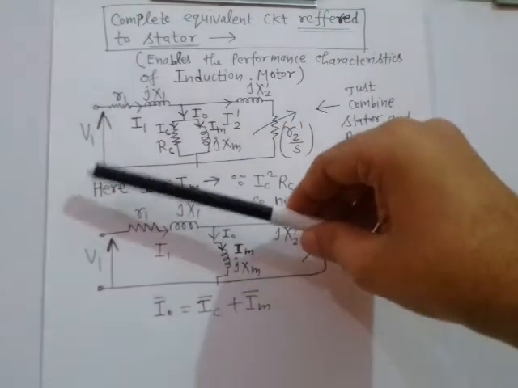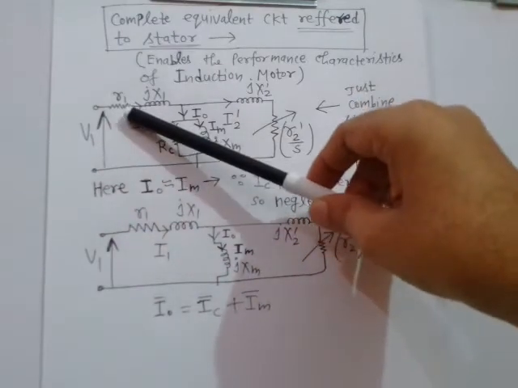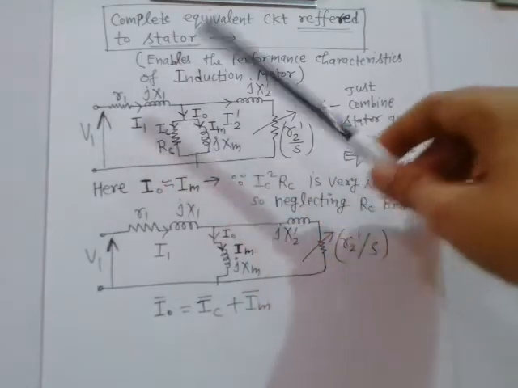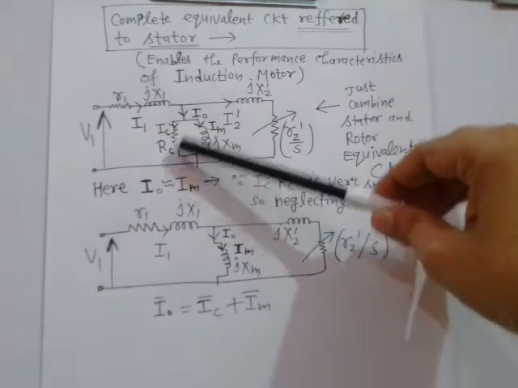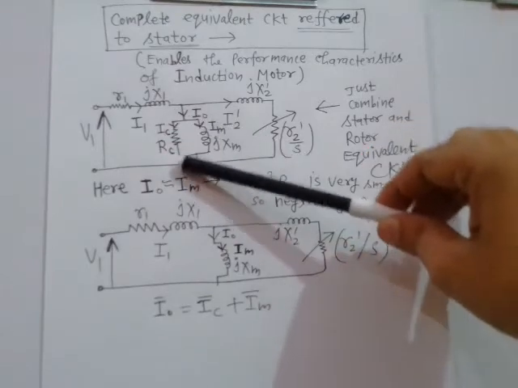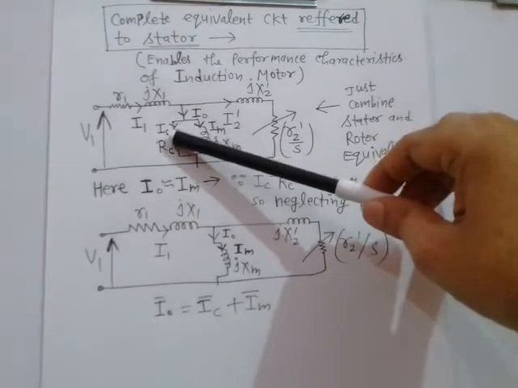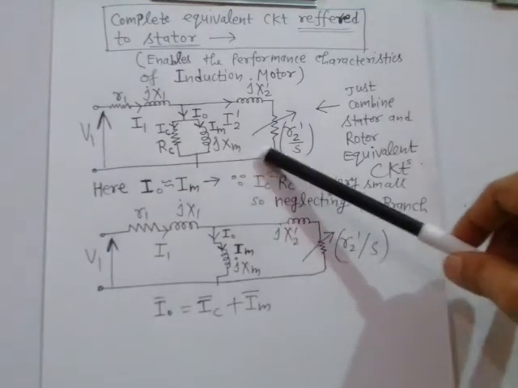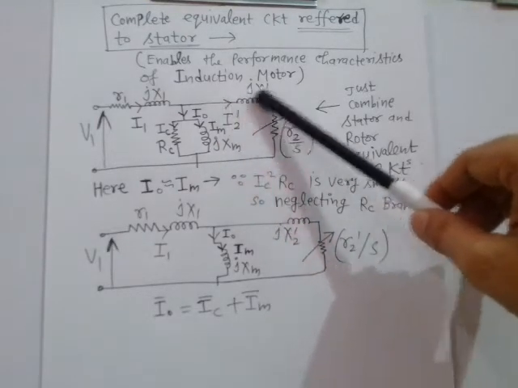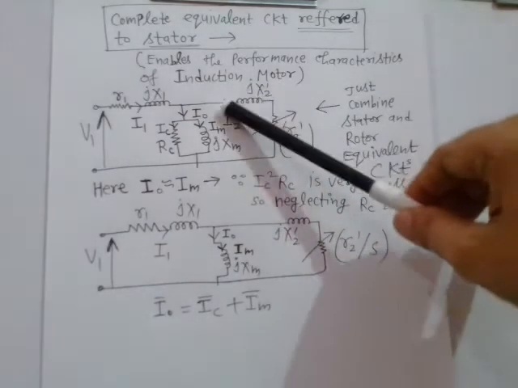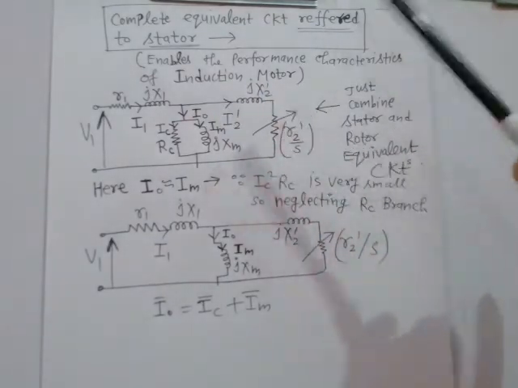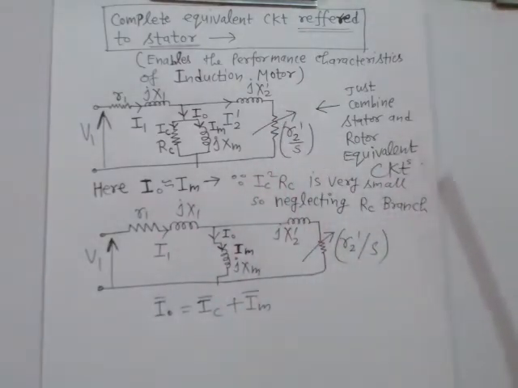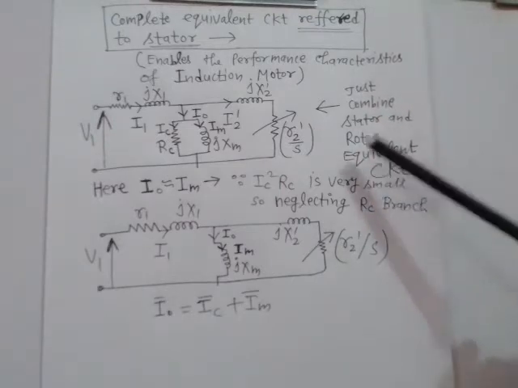V1 is the applied voltage to stator, R1 is the stator winding resistance, X1 is the stator winding reactance, I1 is the current to stator winding. This is the representation of core loss. IC is the core loss current, IM is the magnetizing current, XM is the magnetizing reactance which is responsible for the magnetization of core. This is the remaining rotor equivalent circuit, jX2' and R2'/S. As the load is variable, this is also variable, which is represented by this arrow sign. So we have simply combined stator and rotor equivalent circuits.